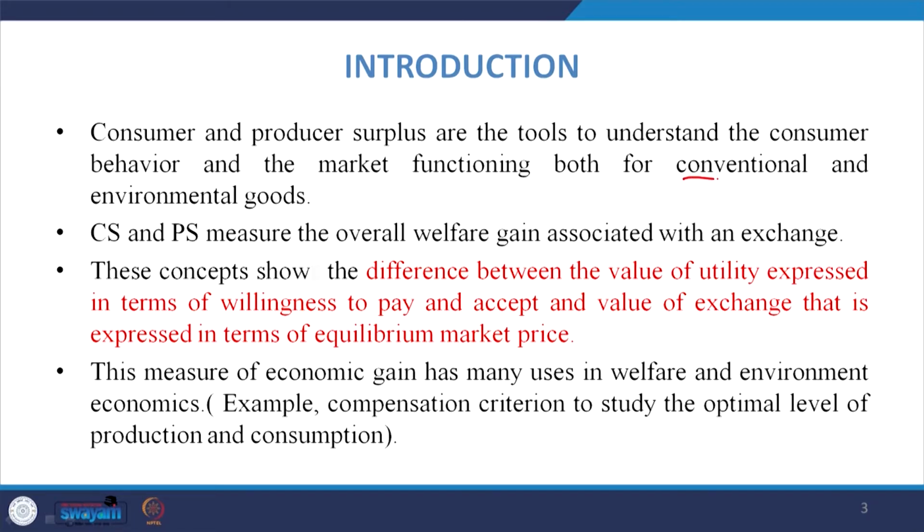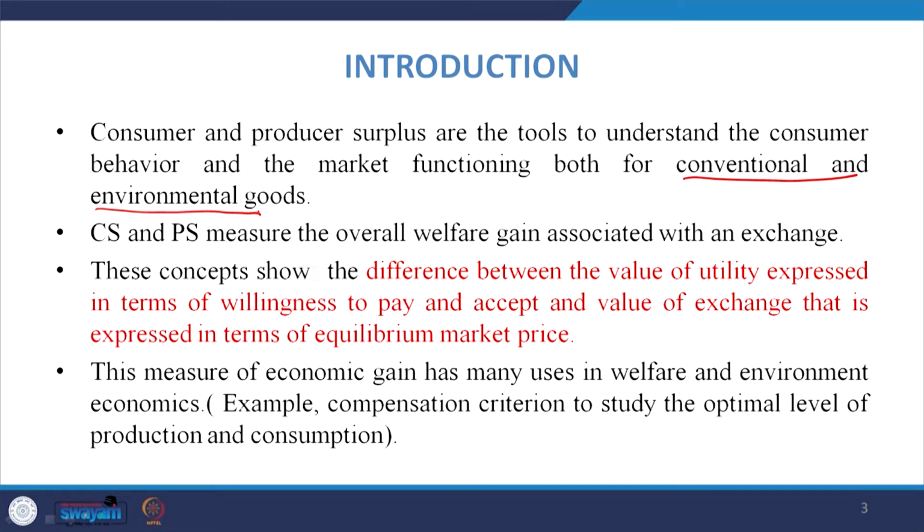It is very important that this concept of consumer surplus and producer surplus can be applied not only in the case of conventional goods like production of cars or color TVs, but also in the case of environmental goods like construction of a park and demand for visiting a particular park, etc.